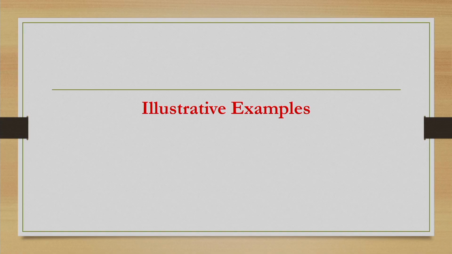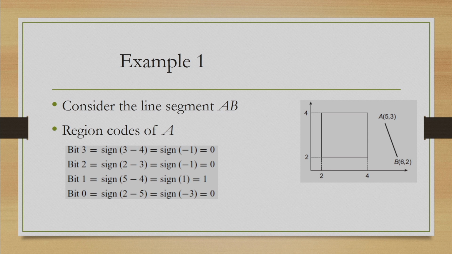Let us try to understand whatever we have discussed so far in terms of some examples. Earlier we have shown how to assign the region codes, and based on that how to determine whether to clip a line or not.